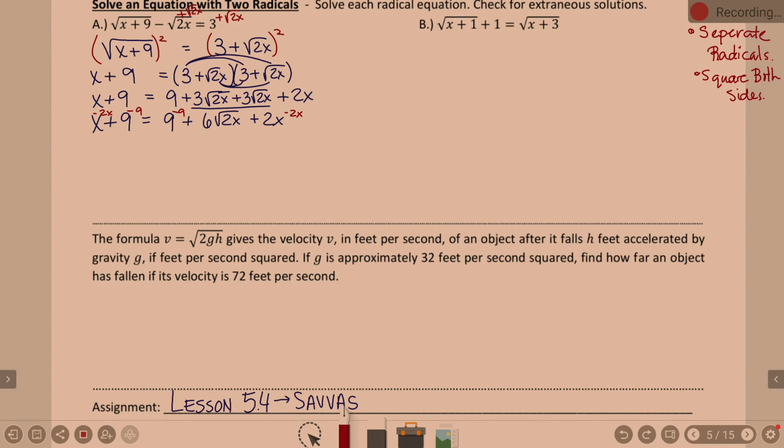So on the left, what is x minus 2x? 1x minus 2x is negative 1x, right? What's 9 minus 9? 0. It drops out. What remains on the right? 9 minus 9 cancels. 2x minus 2x cancels. I have 6 square root of 2x.